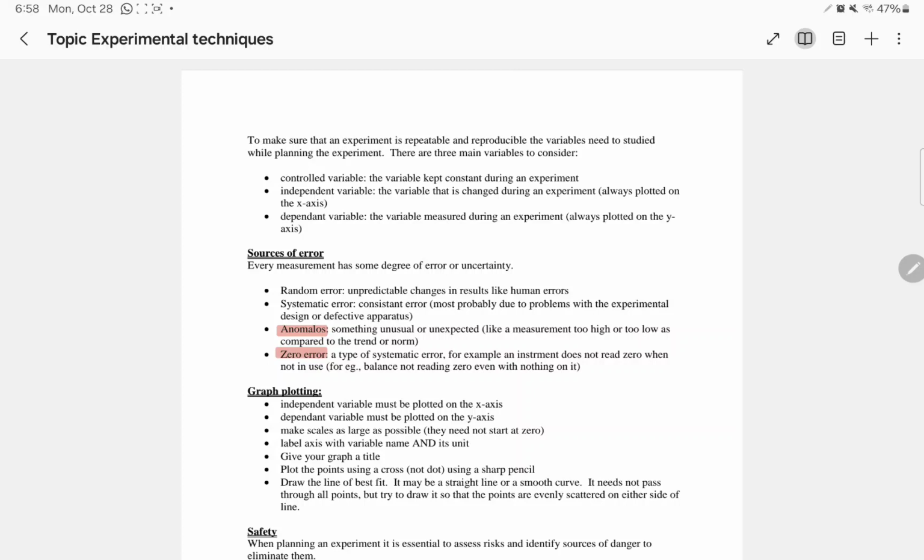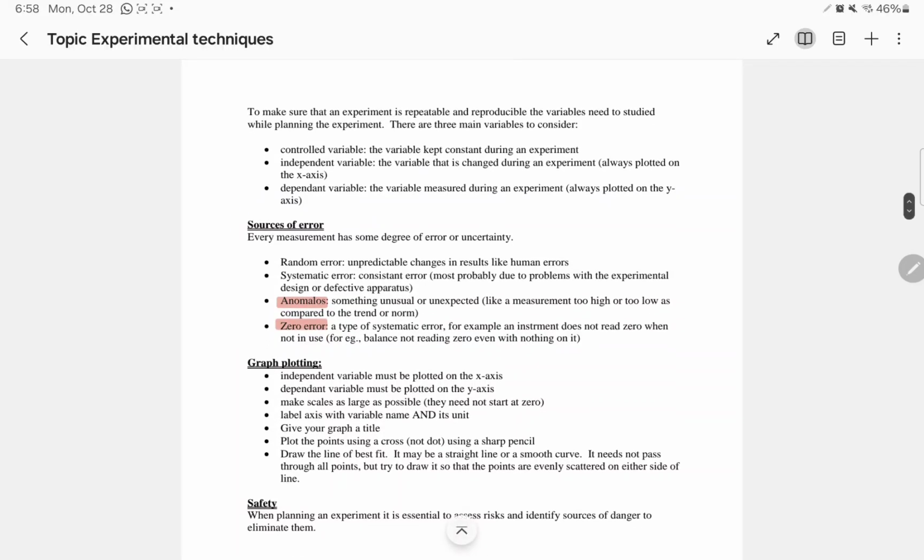Controlled variables are anything that stays the same during the whole experiment. The independent variable is anything that is changed, and it's always plotted on the x-axis. The dependent variable is anything measured during an experiment, and it's always plotted on the y-axis.